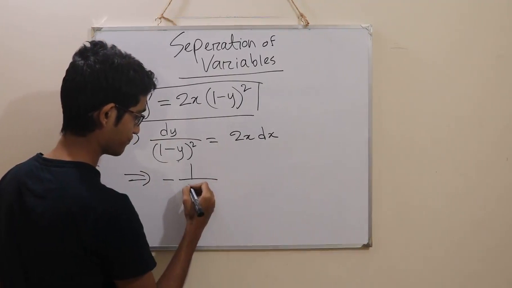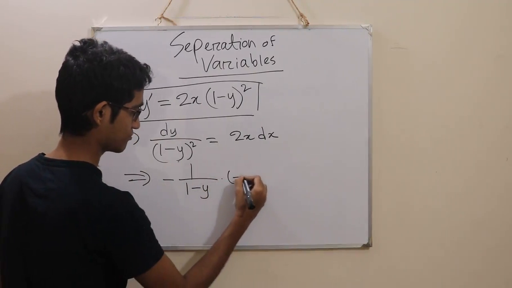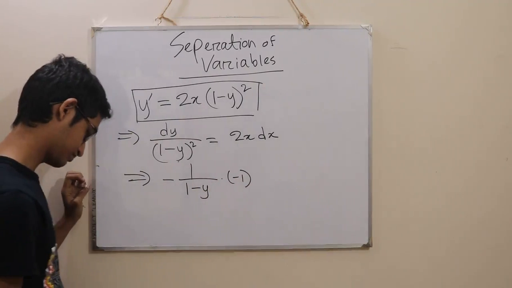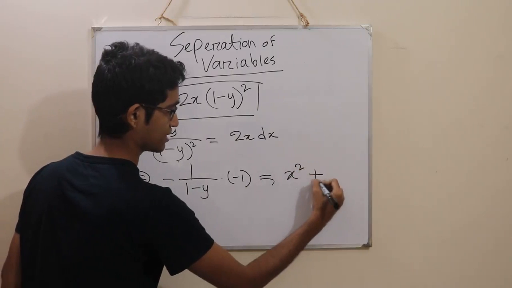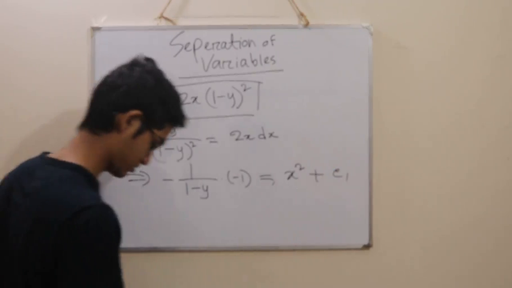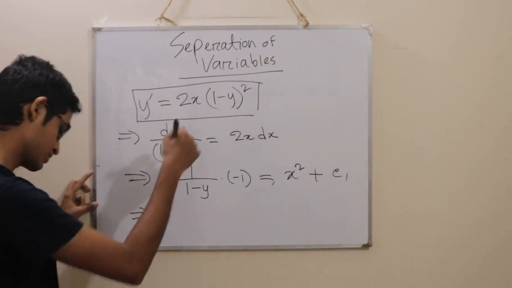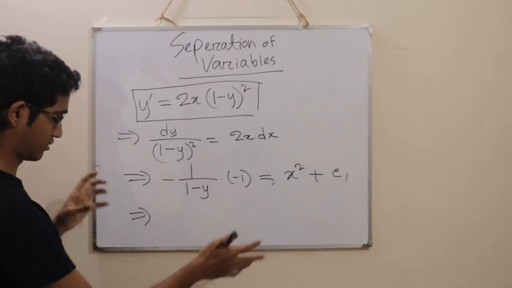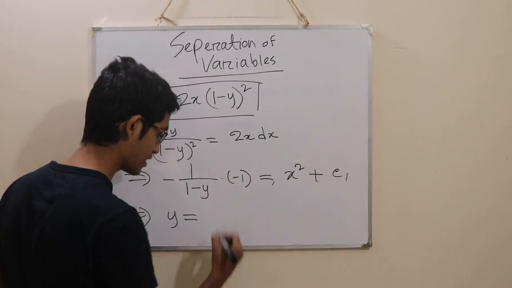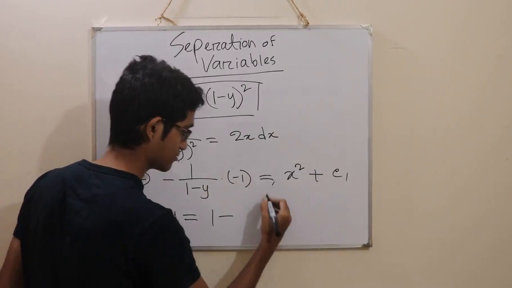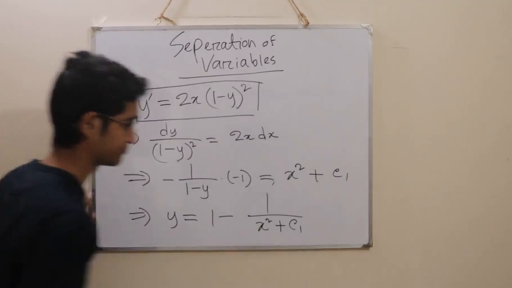Negative 1 over (1 minus y), times minus 1, equal to x squared plus a constant c1. Now, if we rearrange all of this, the equation comes out to be y is equal to 1 minus 1 over (x squared plus c1).